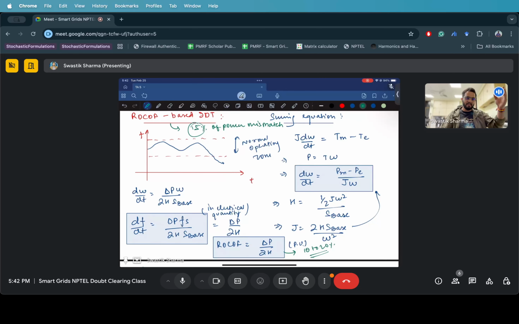And over there, they have seen that for 15%, 20%, so for different power mismatches, what is the Rokov. So you will be able to see over there. That is why I've taken that as a reference for this. If you have watched the lecture, you will know they have done an experiment to get this rough estimate.